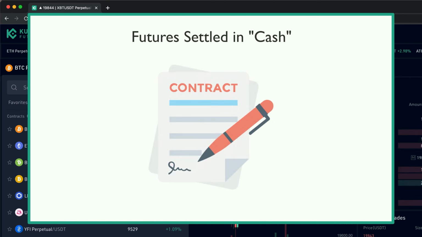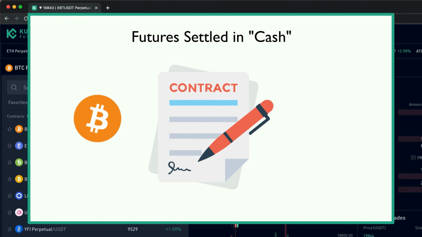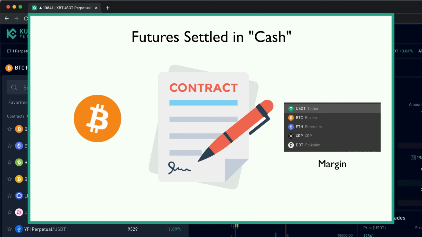And even though we might enter a future contract about buying or selling Bitcoin or any other underlying asset, in practice we don't actually need to buy or sell the asset itself. Instead, we can just use any available asset as collateral, also called margin, to fund our trade and pay up when we close our positions.